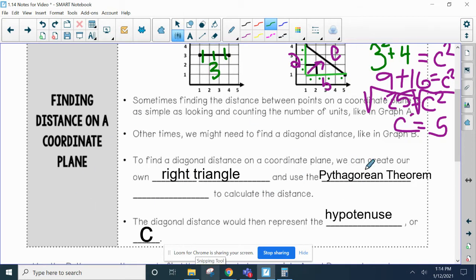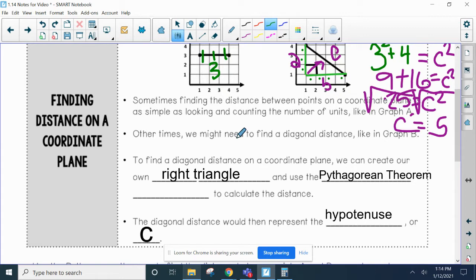To find that diagonal distance, we created a right angle and used our Pythagorean theorem to calculate the distance. The diagonal distance would then represent the hypotenuse, or the c. Go ahead, pause if you're copying it, and then we're going to look at some examples.